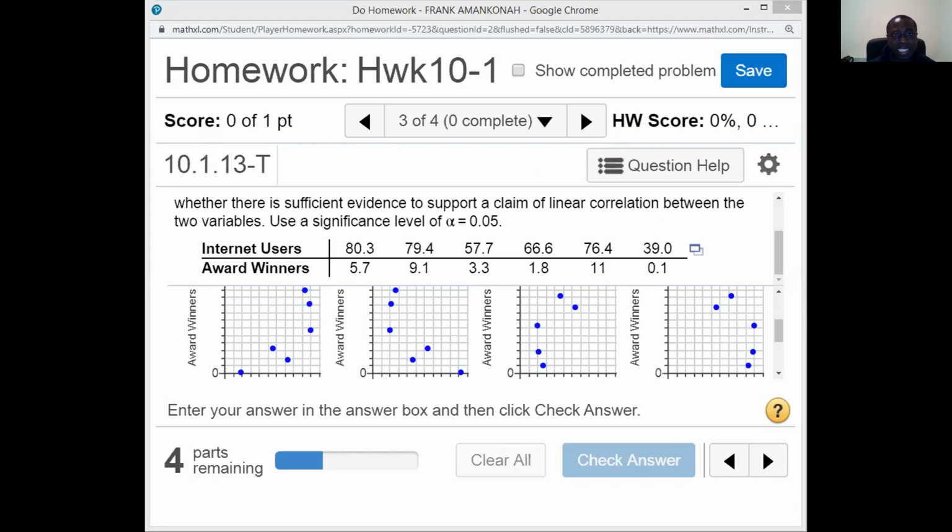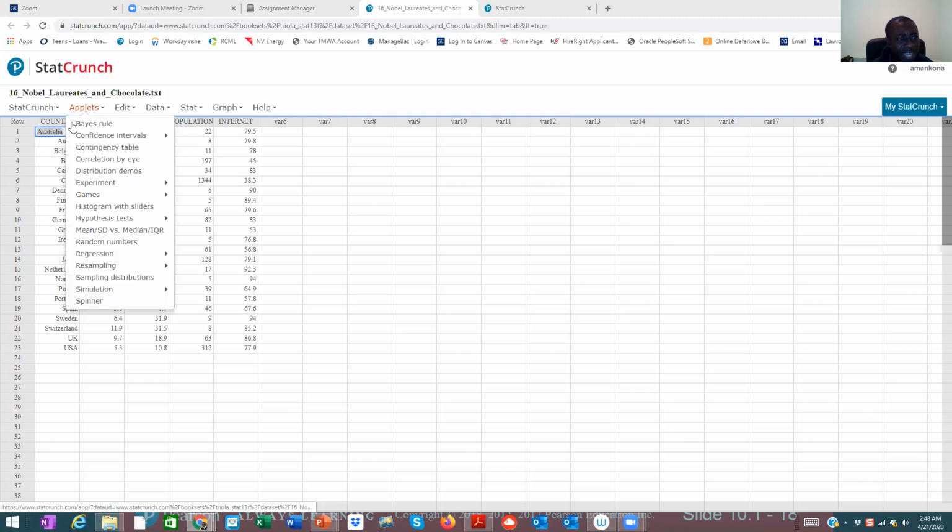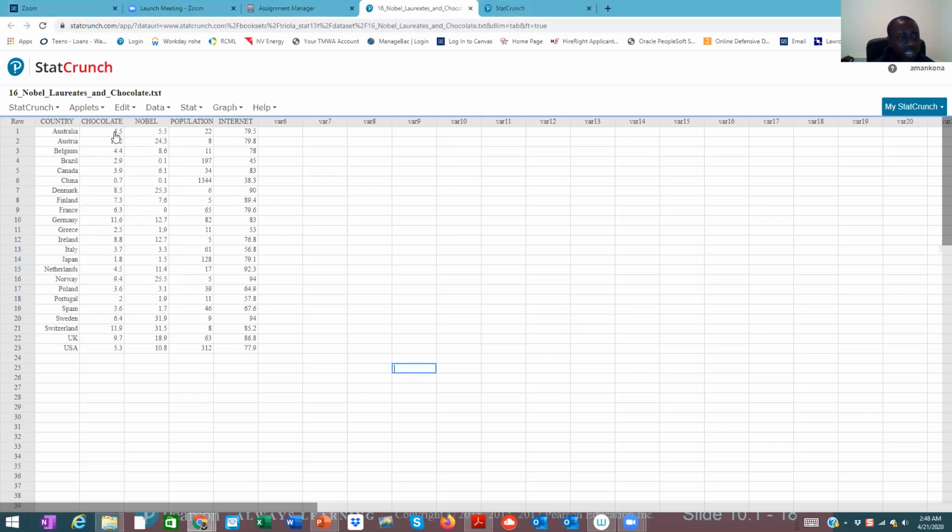This data we have for 23 countries, and they look at the consumption of chocolate and the Nobel Prizes won. If you look at the U.S., they consume 5.3 million tons of chocolate, and Nobel Prizes were 10.8.